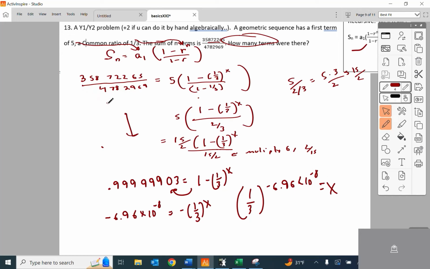Sorry, I did that entirely wrong. Brain fart. My base is a third. I said it, but I didn't write it. The argument inside is that really funky looking decimal, and it equals x.